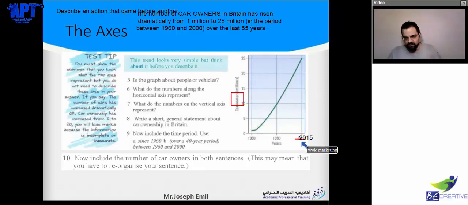This is an easy way to mention the increase instead of just saying from 1960 to 2015. Now include the time period. Use since 1960, over a 40-year period, between 1960 and 2000. All of these can be used to state this range here. Now include the number of car owners in both sentences.